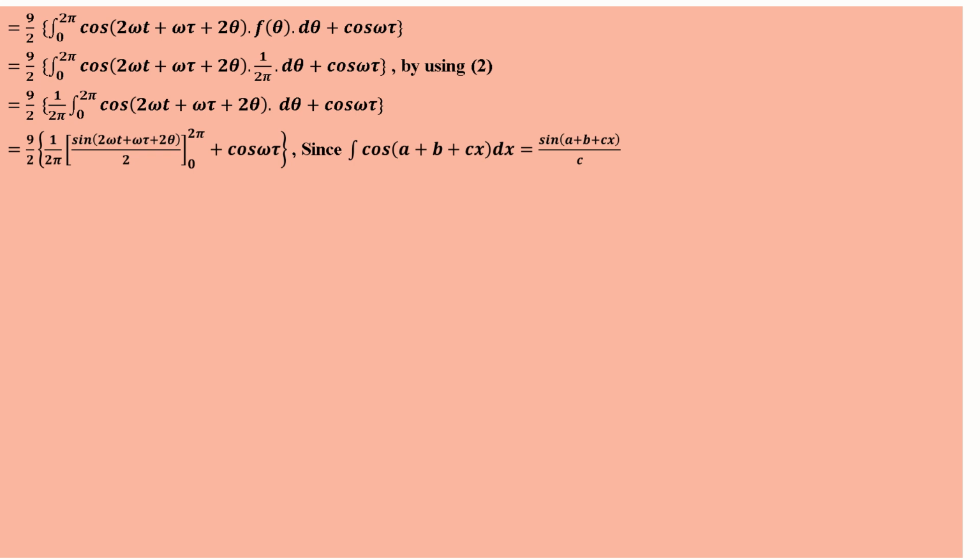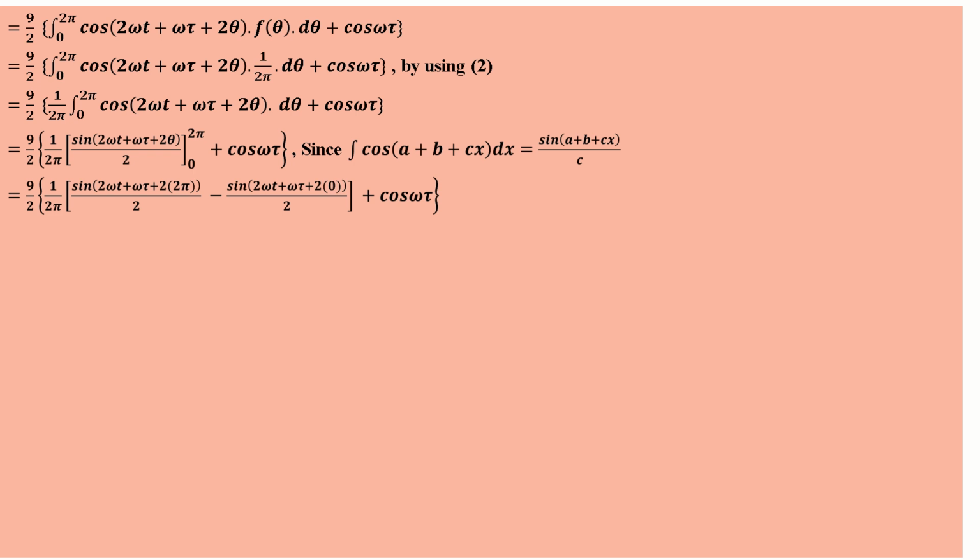So here a is equal to 2ωt, b is equal to ωτ, and cx is nothing but 2θ, c is 2 and x is θ. Applying that integration, we will get 9 by 2, 1 by 2π, sin(2ωt + ωτ + 2θ) by 2, lower limit 0, upper limit 2π, second term cos ωτ.